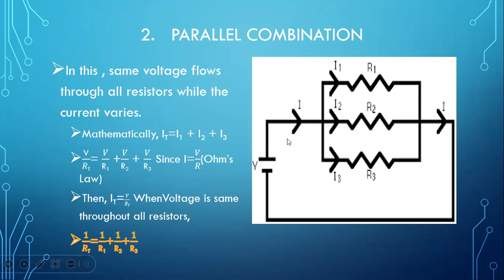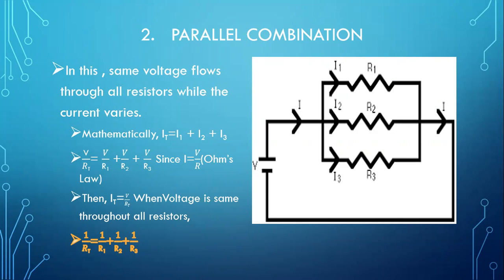It means that the voltage across resistor 1, resistor 2, and resistor 3 is just the same, but the current is the one that varies. Here you can see that when current reaches here, it splits to resistor 1, resistor 2, and resistor 3. So basically, voltage is the same while the current varies.